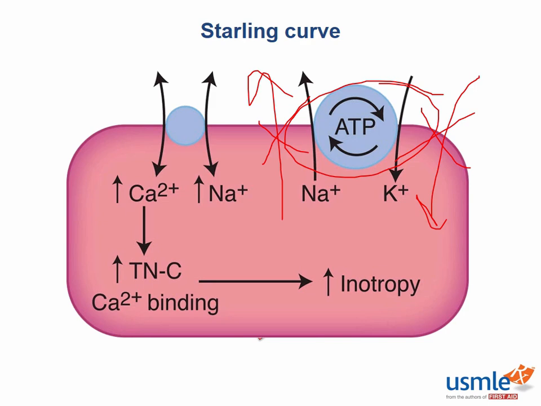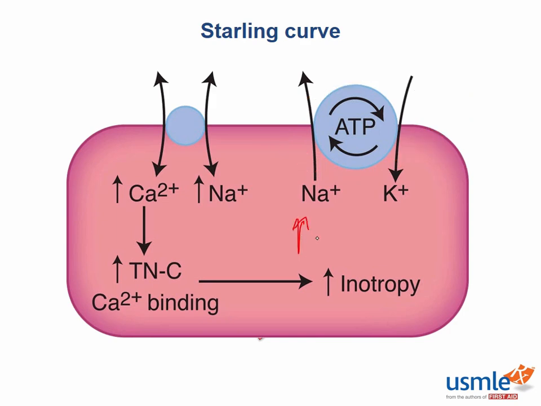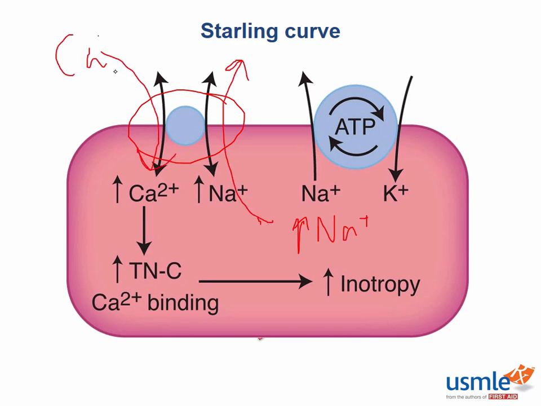As a result, we see an increase in intracellular sodium. What does this have to do with calcium? Well, as we see an increase in sodium, we see a change in the sodium-calcium antiport. So we can see that as we increase our sodium, we'll increase our sodium going out here, which results in an increase in calcium coming in.